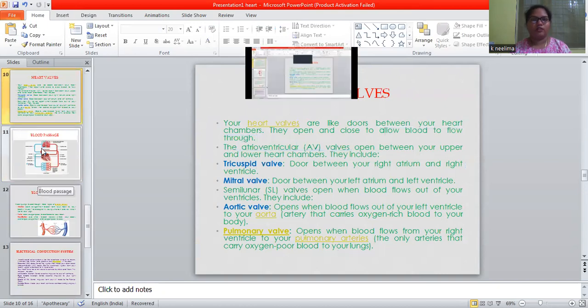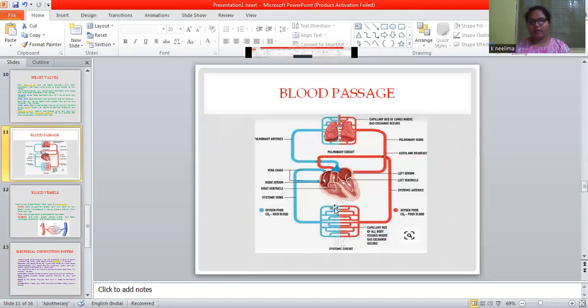Now we will discuss the blood passage. Blood is received from the body parts into the right atrium, moves through the tricuspid valve to the right ventricle, and goes through the pulmonary artery to the lungs.